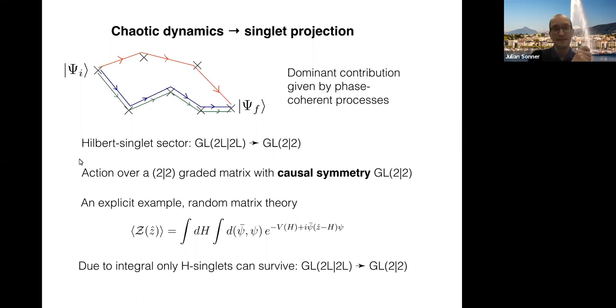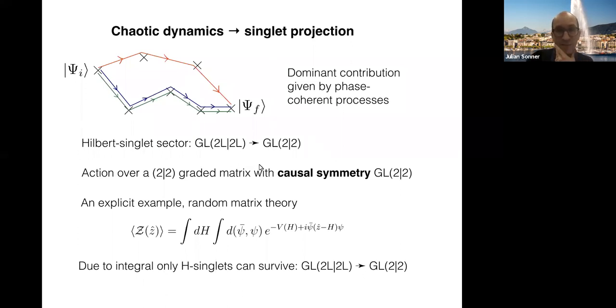And so I will motivate this a little bit further, but let me just say the point is that precisely what that means is that the only degrees of freedom that give a dominant contribution are the ones which are actually singlets under this free index, the Hilbert space index. Remember, L parameterized the whole basis of the Hilbert space.